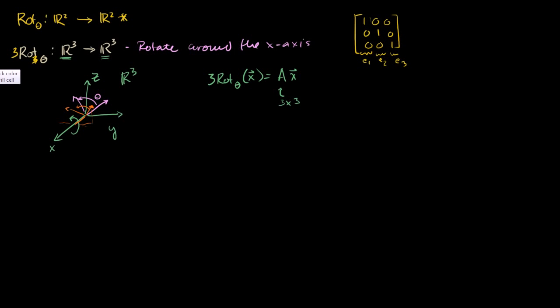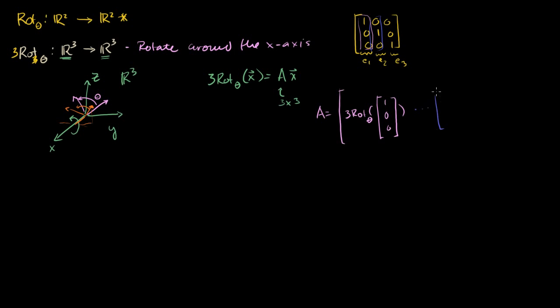And what we need to do is just apply the transformation to each of these basis vectors in R3. So our matrix A will look like this. Our matrix A is going to be a 3 by 3 matrix, where the first column is going to be our transformation, 3 rotation sub theta, applied to that column vector right there, 1, 0, 0. And then I'm going to apply it to this middle column vector right here. So I'm going to apply it, well, you get the idea.